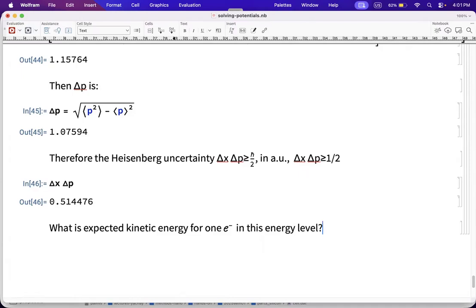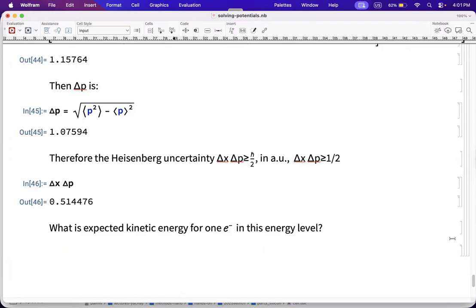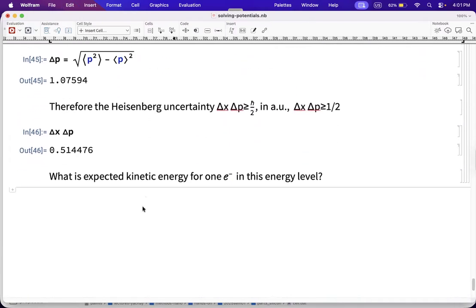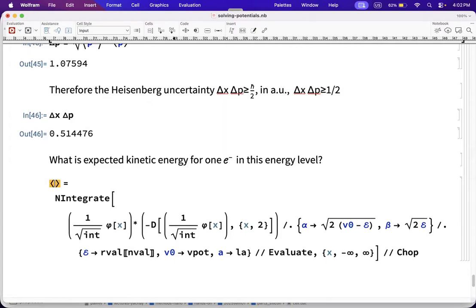So let's compute this. So K val, I'm going to put it like this, please. Let's copy from the momentum, from P squared, right? So I copy this and I change this. Please change this to a small k sub n val.